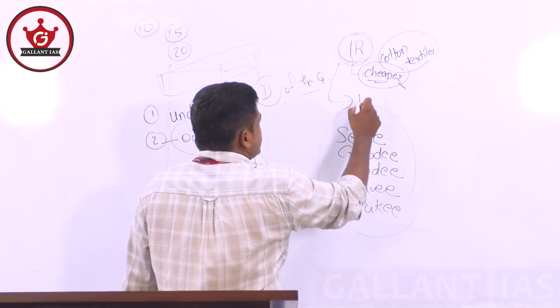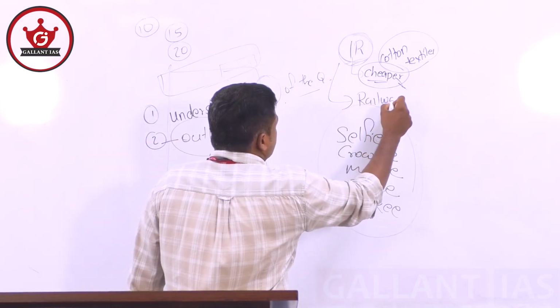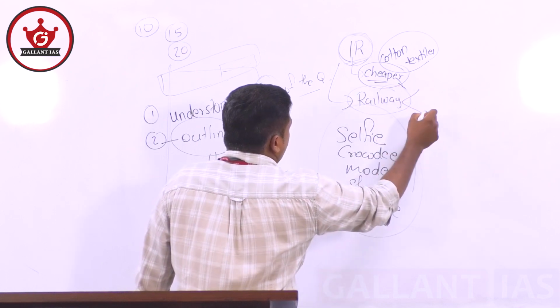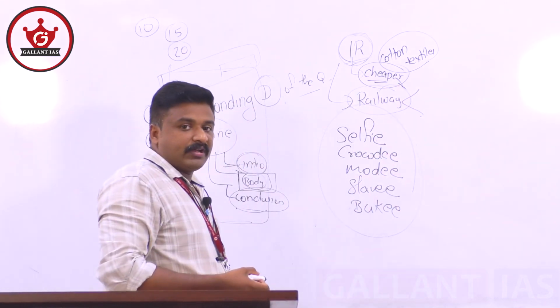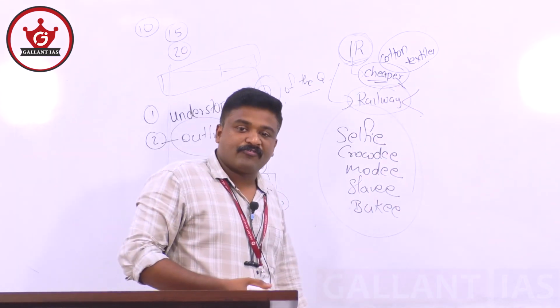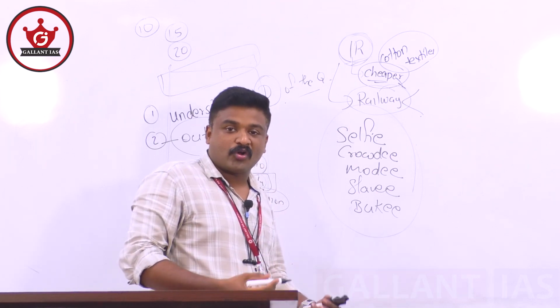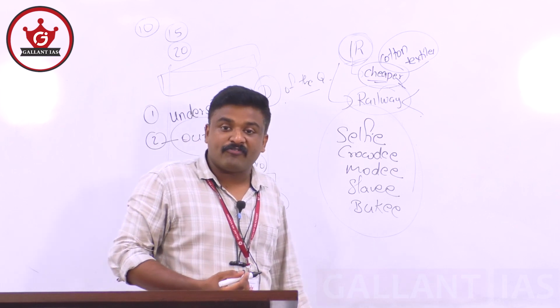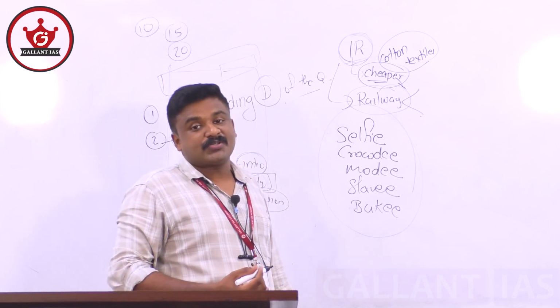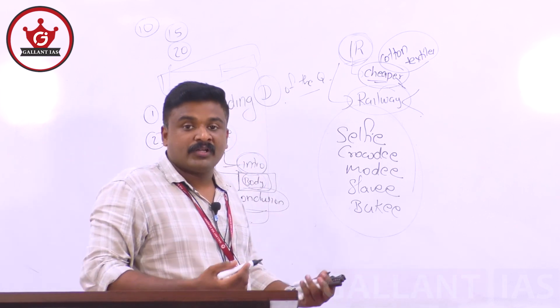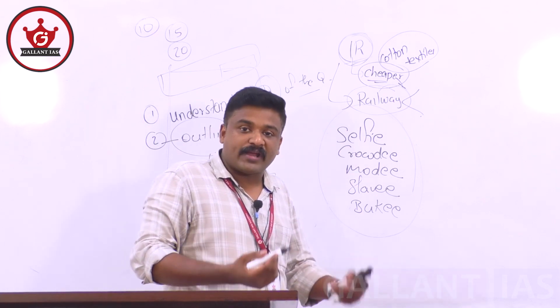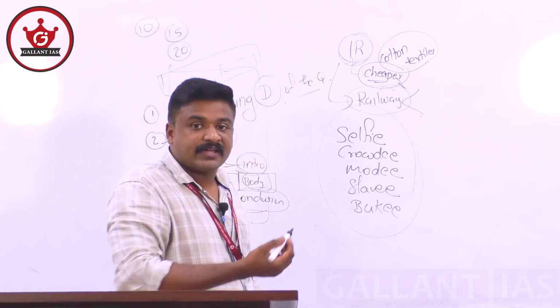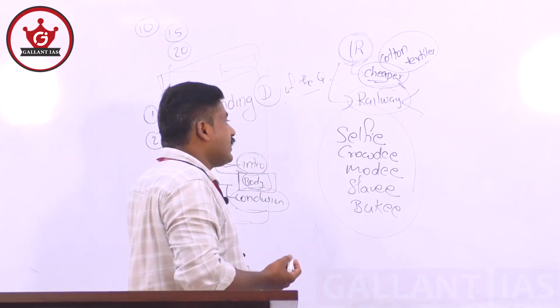And what facilitated this? The railway reforms. They introduced railway lines and railway reforms. You can see that railway itself was a colonial scandal, and we know that these foreign manufacturers and traders were provided with no freight charges or lower freight charges, so very easily they could sell their products in Indian markets.